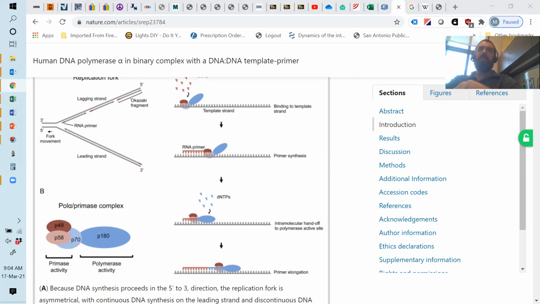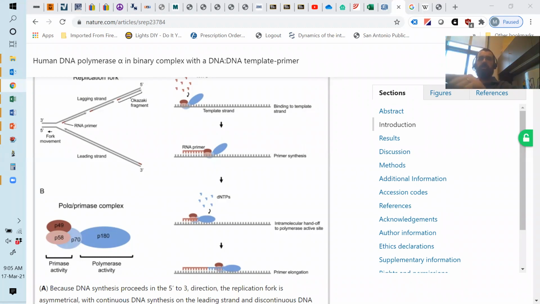Whereas what we have with DNA polymerase alpha is a multi-subunit protein. It seems a little bit like semantics, but it is an important difference: it's one protein made up of two or more proteins. And those are called the subunits.